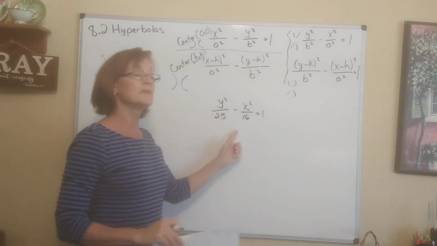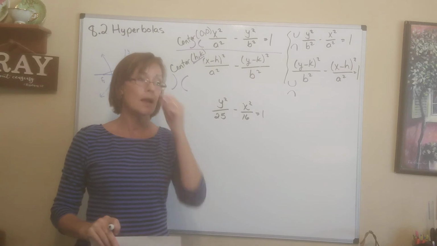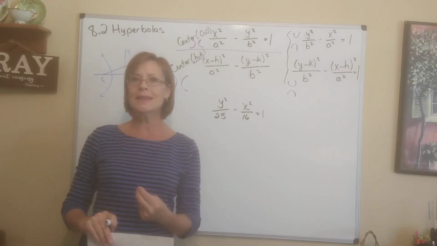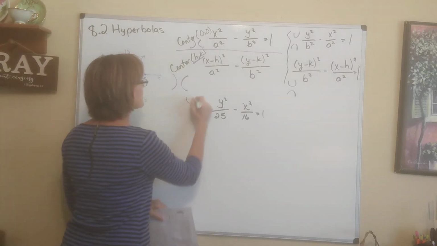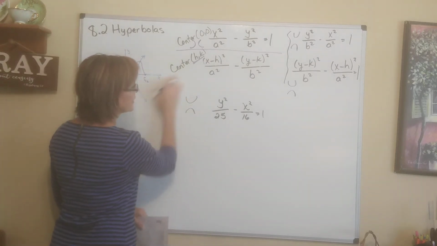Why? Because of that subtraction sign right there. Who is leading? What variable is leading? Y is leading. That tells me that my graph is going to be up and down.